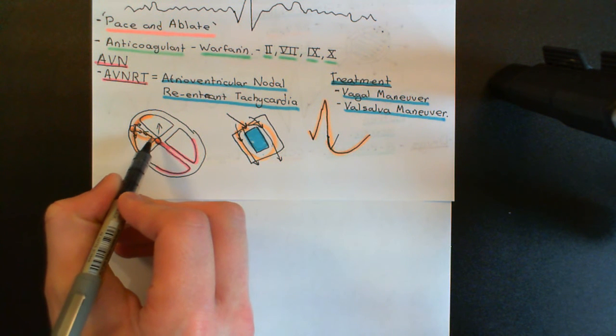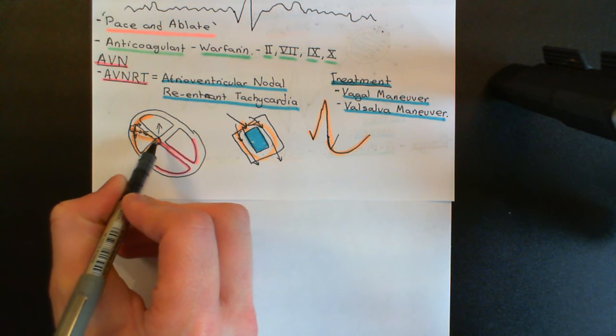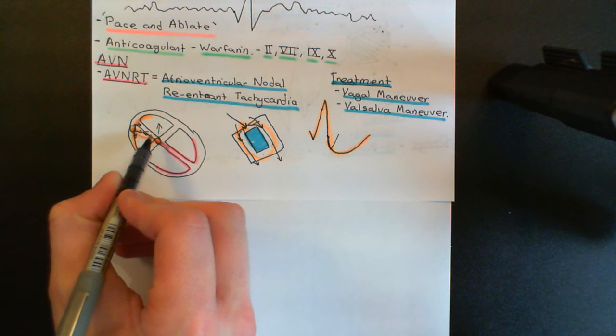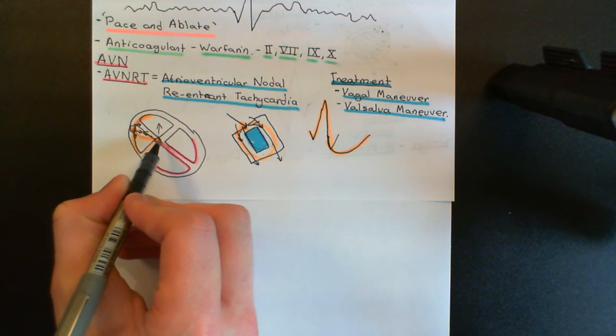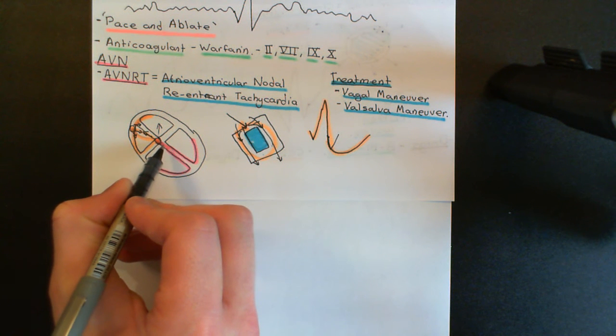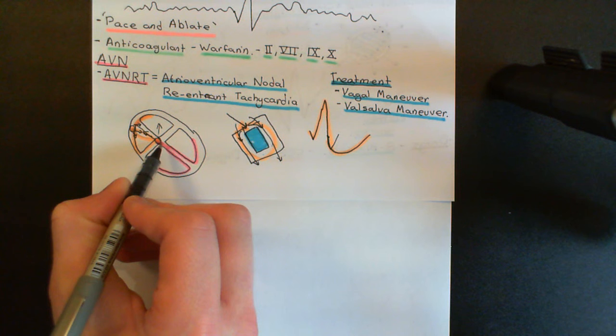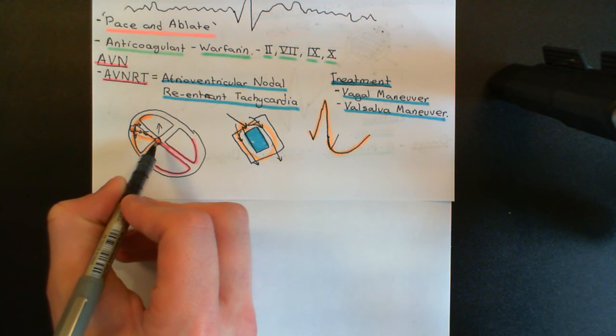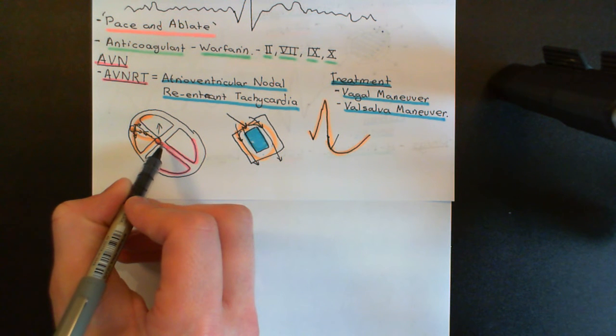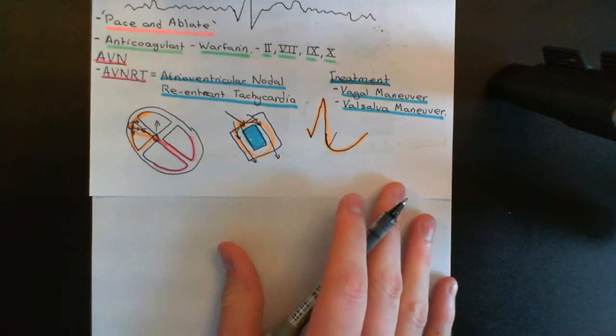In order for the atrioventricular node cardiomyocyte to accept another electrical signal from the atria, the first electrical signal has to get a certain distance along the AV nodal cardiomyocyte. It's exactly the same principle for the bundle of His here. So for the bundle of His to accept another electrical signal from the atrioventricular node, the first electrical signal that it's given has to have gotten a certain distance away.